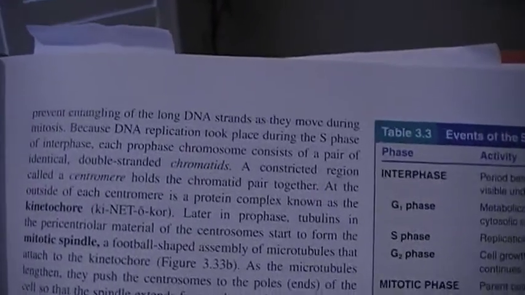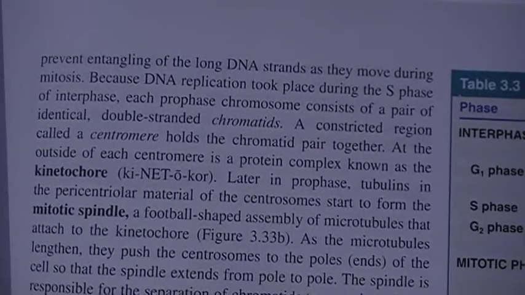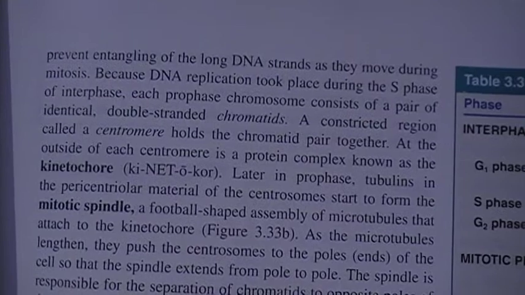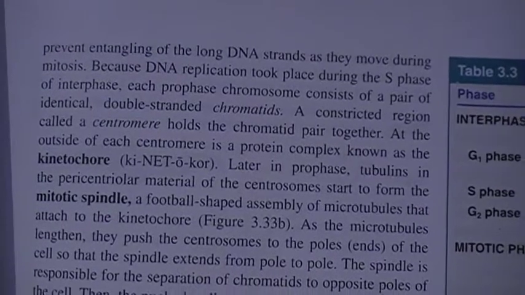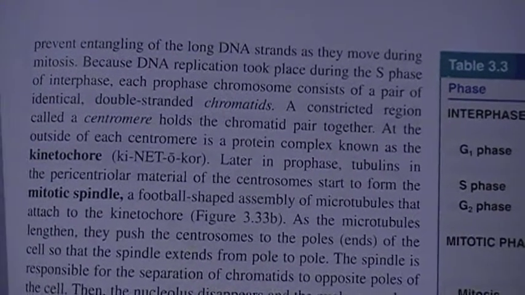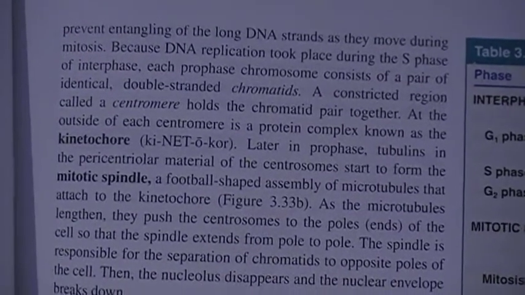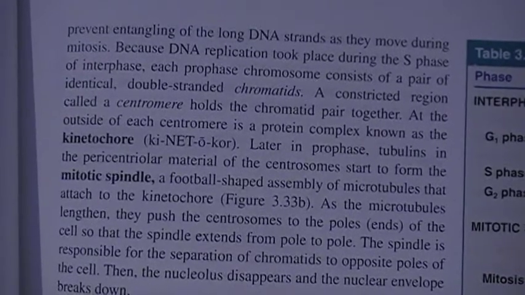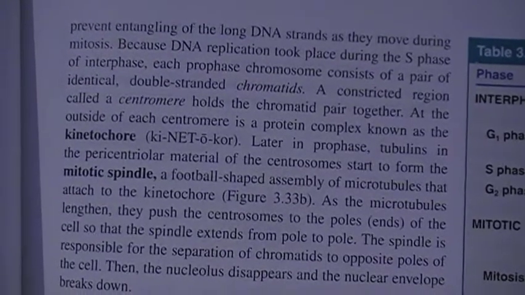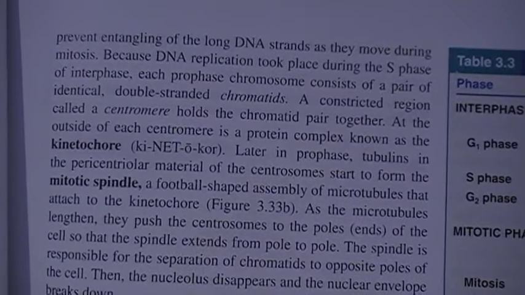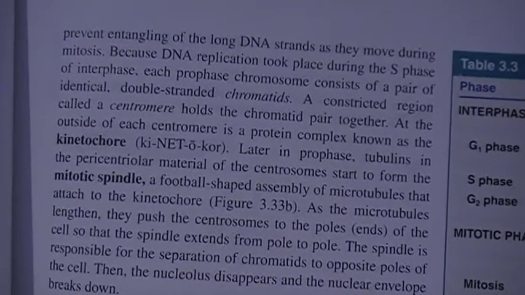In the early prophase, DNA strands move. A constricted region called a centromere holds the chromatid pair together. At the kinetochore is a protein complex outside of each centromere.